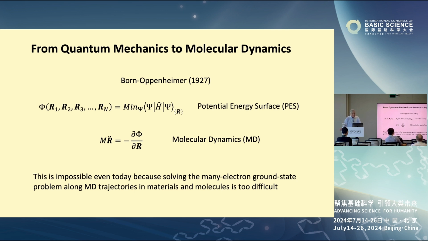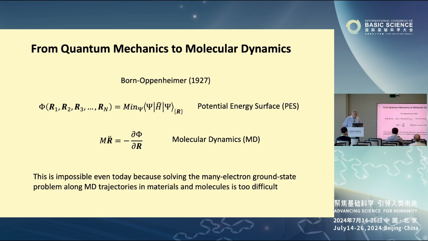Essentially, they realized that due to the difference in the mass of the electron and the mass of the nuclei, there is a separation in the dynamics of the electrons and the nuclei, and the potential energy surface, which is a function of all the coordinates of the atoms, can be obtained by minimizing the electronic energy, which is represented here by minimizing some electronic many-body Hamiltonian with respect to a normalized electronic many-body wave function for a given nuclear configuration.